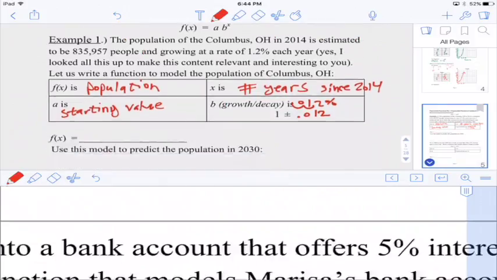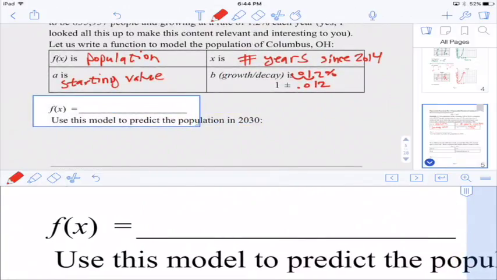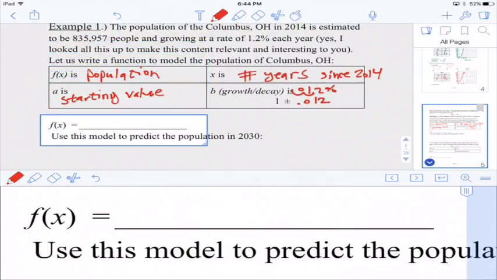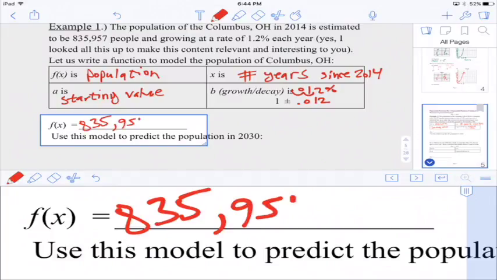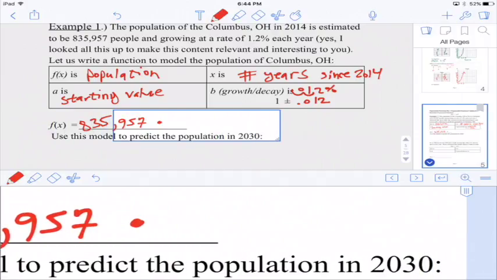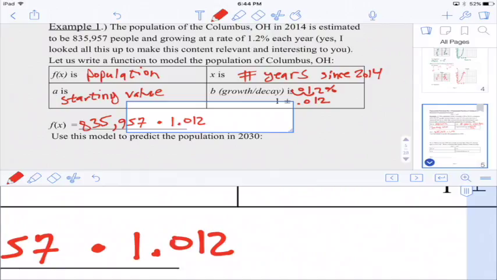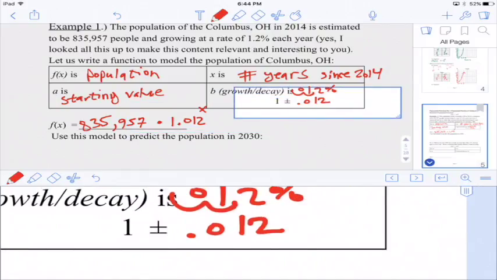So what I get for my function is I take my original population in 2014, 835,957, times my growth rate, B, which is 1.012, and that is raised to my x, my input, because I don't know how many years.